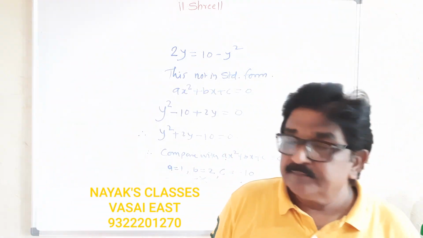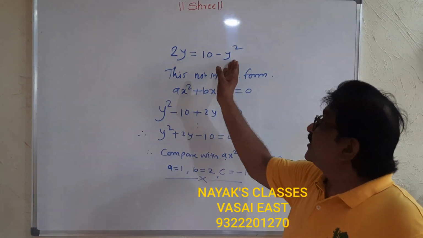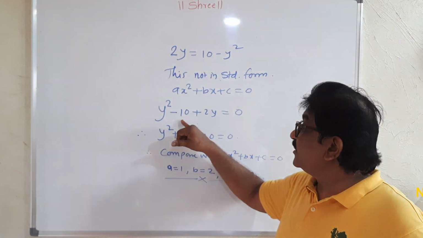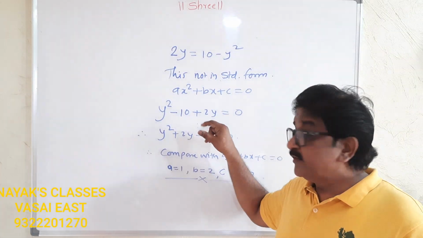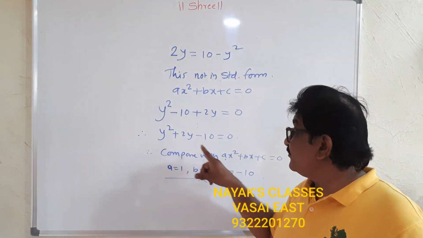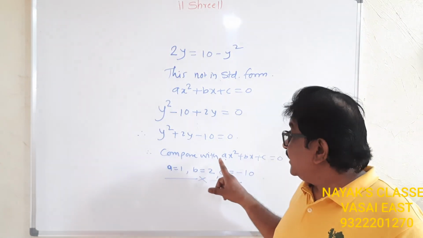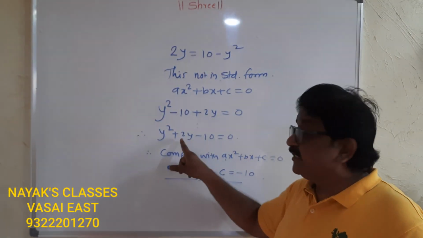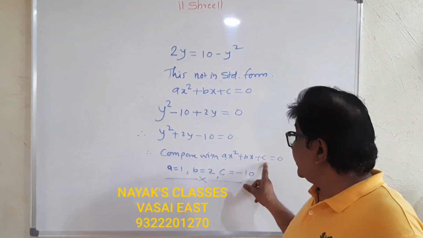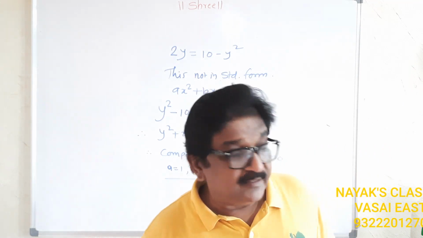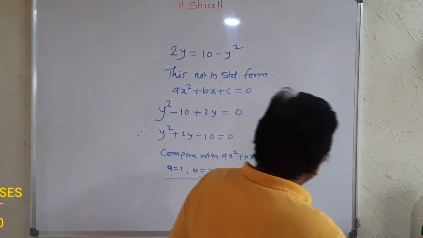Very mechanical thing. Transfer the things, change the sign, and you will get a quadratic equation in standard form. When you get a quadratic equation in standard form, compare with the standard form. A is 1, B is plus 2 and C is minus 10. So these are the values of A, B and C.